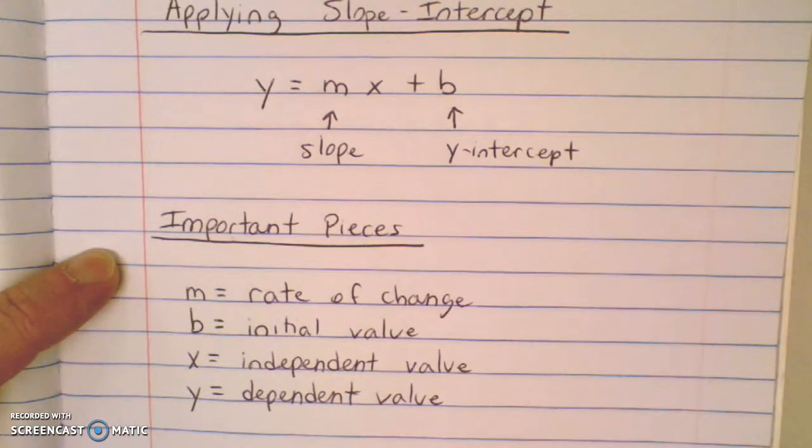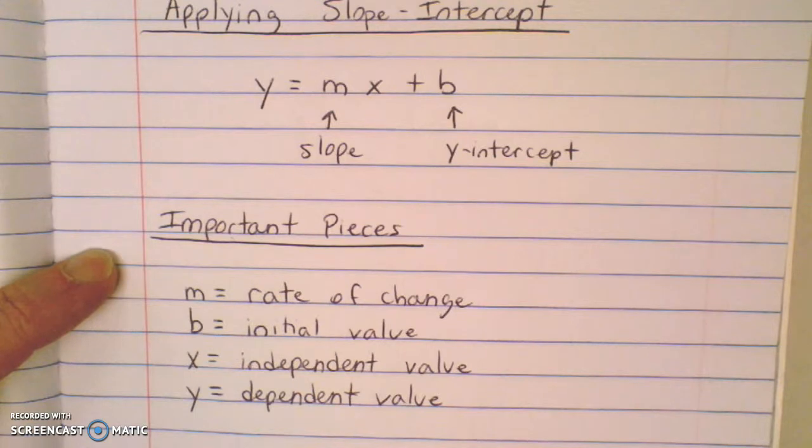So what we're going to look at is some word problems where we have to identify the independent and dependent variables and then break down the rate of change and initial value to create an equation. And then later we'll learn how to use that information to solve parts of equations.